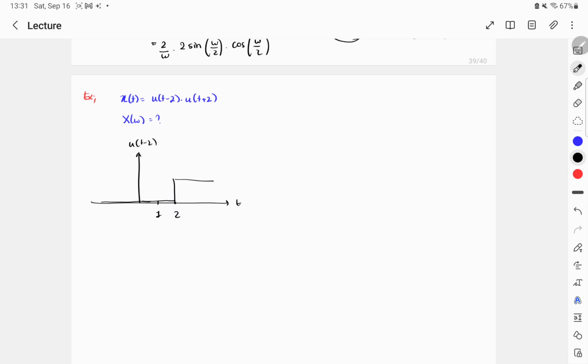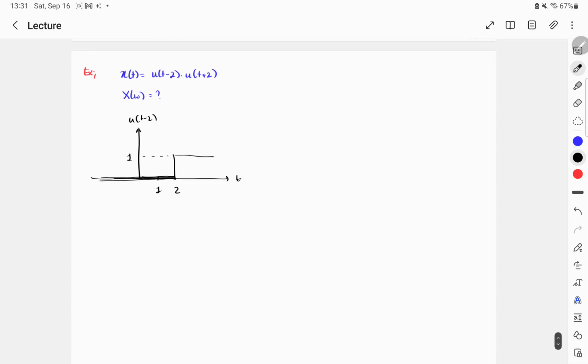We have 1, we have 2, here we have 0, and then it gets to value 1 when it reaches 2. And we have the other function, which is something similar, but like this, u(t plus 2). We have t here.